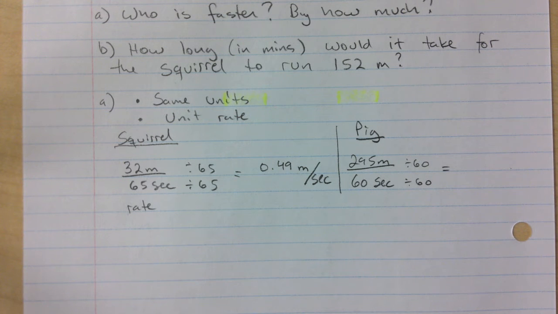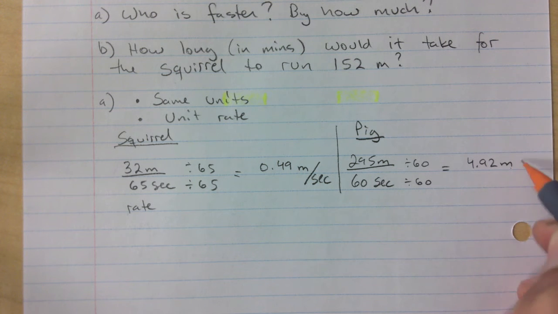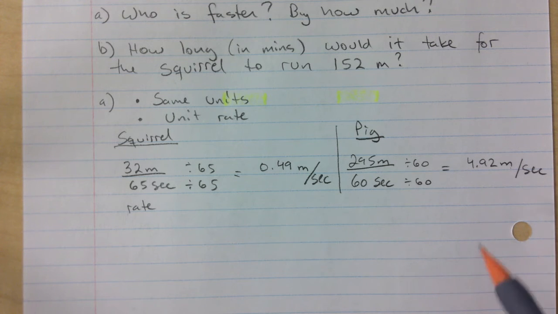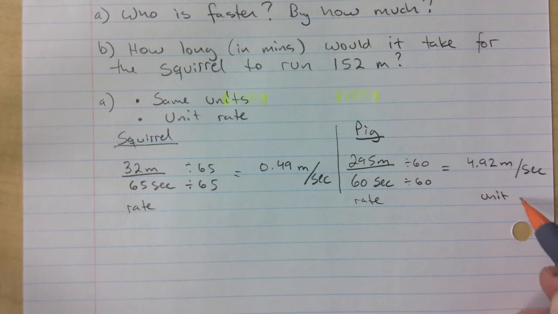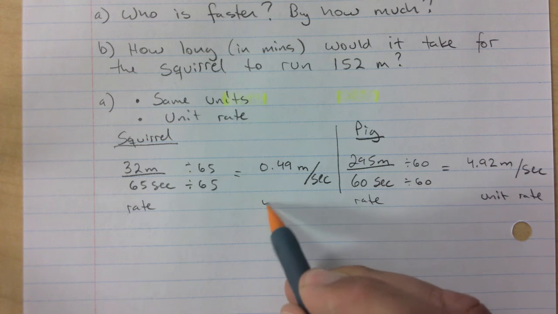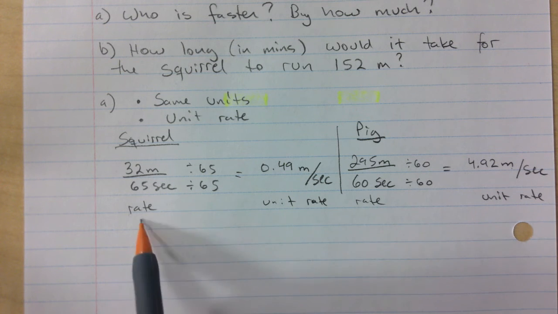So 295 divided by 60, that's 4.92 meters per second. And so this would be rate, and this is unit rate. Okay, so you have your rate, unit rate.